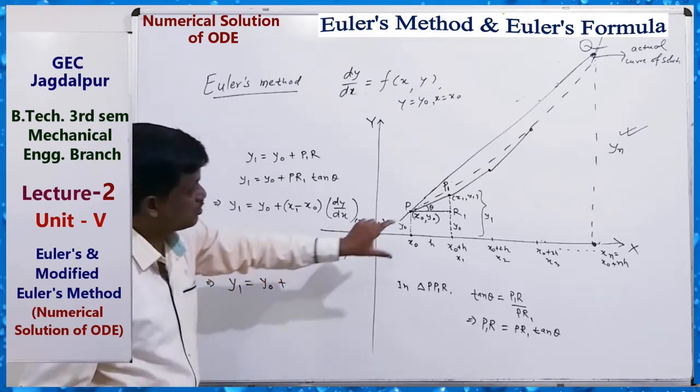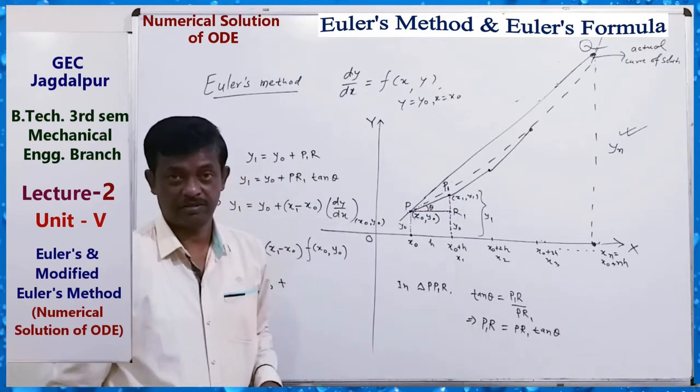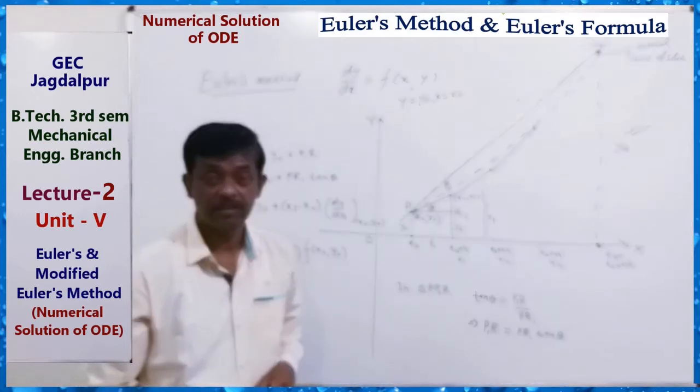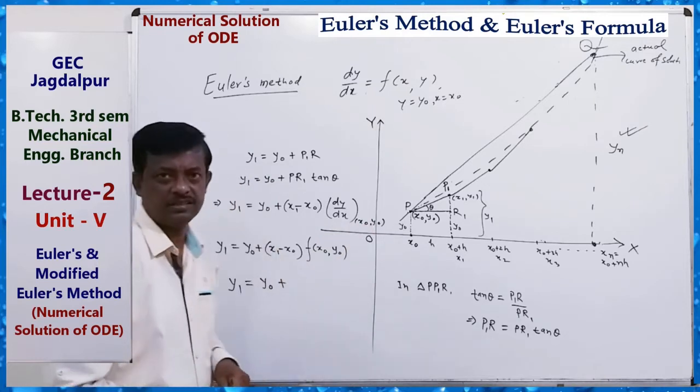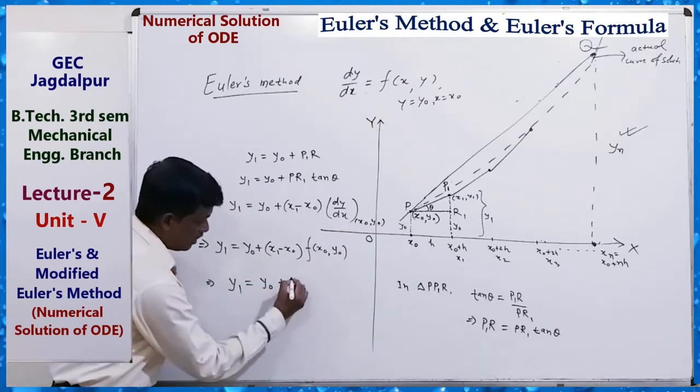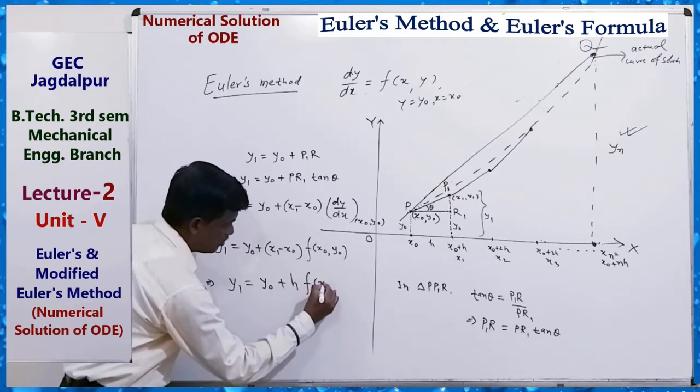our value of y1, because this y1 is found from this condition, that is from the tangent, is y1 equals y0 plus h f(x0, y0).